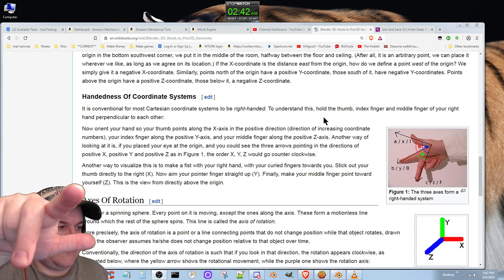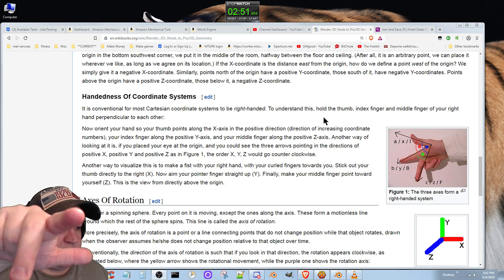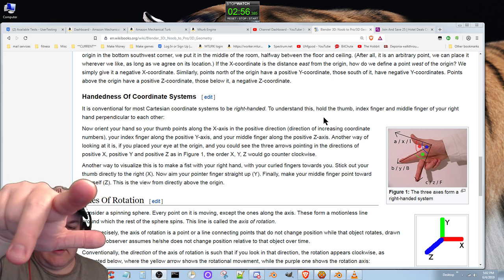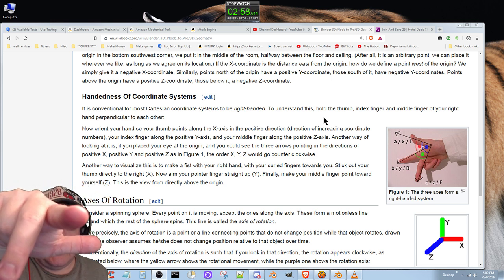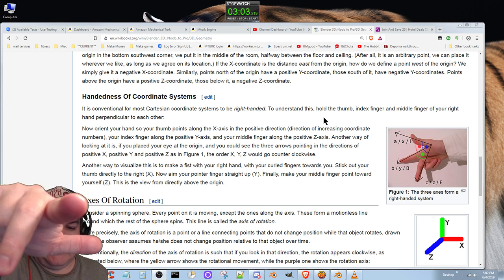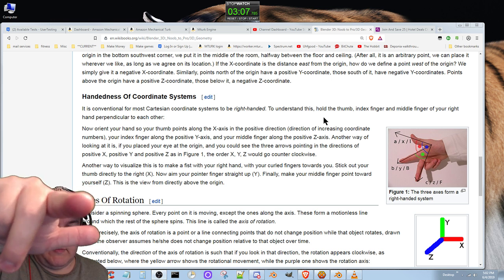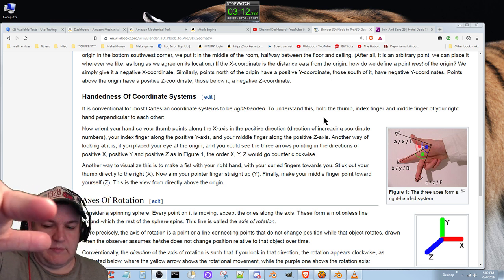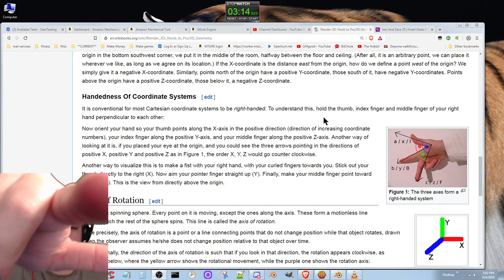Now orient your hand so your thumb points along the x-axis in the positive direction of increasing coordinate numbers. See the way it's doing it? My thumb is pointed out to the x, my y is pointed out into the screen essentially, and my Z is pointed down. Or actually, if I could do it up, I'd do it up, but that's the gist of it.